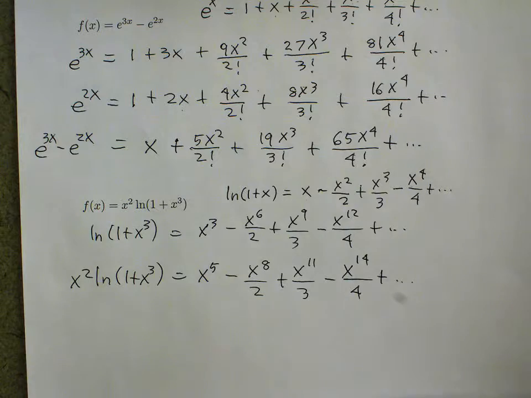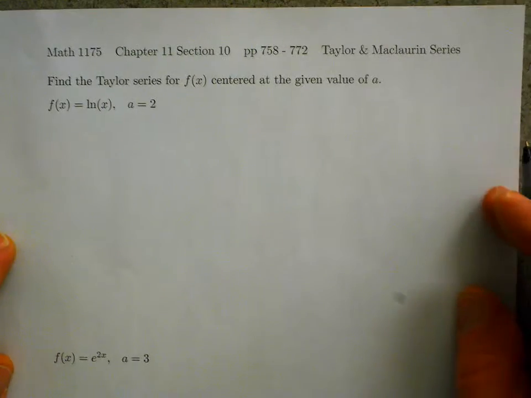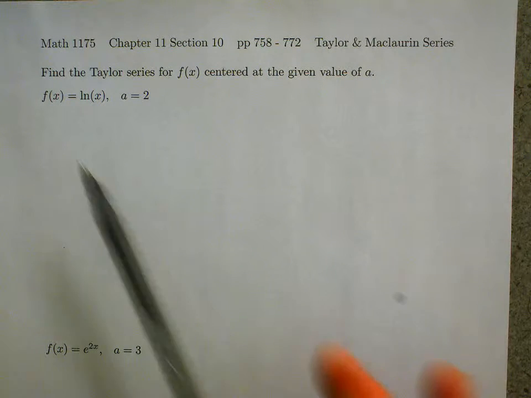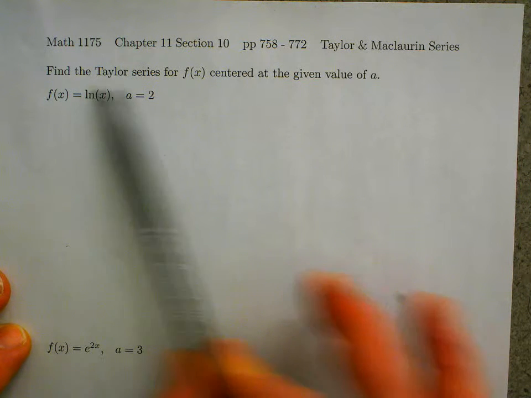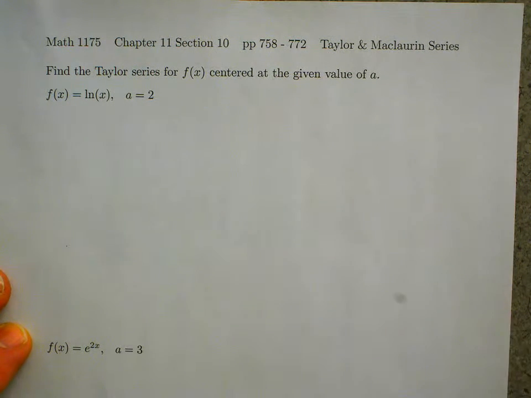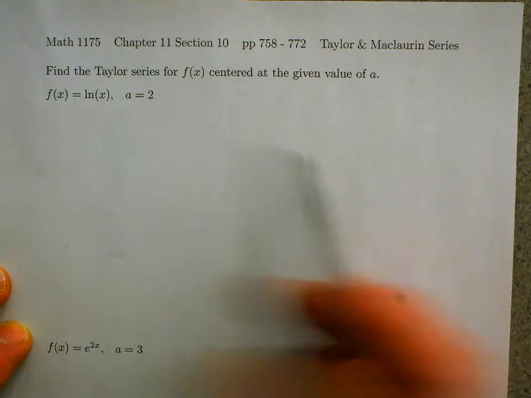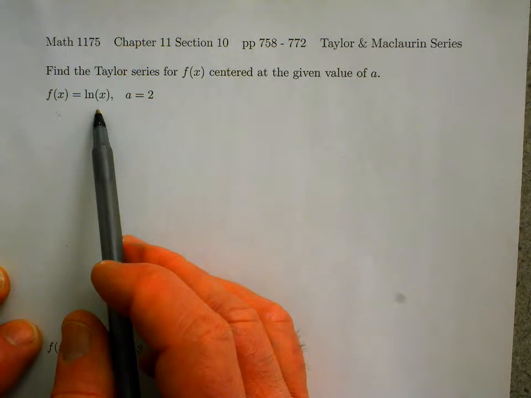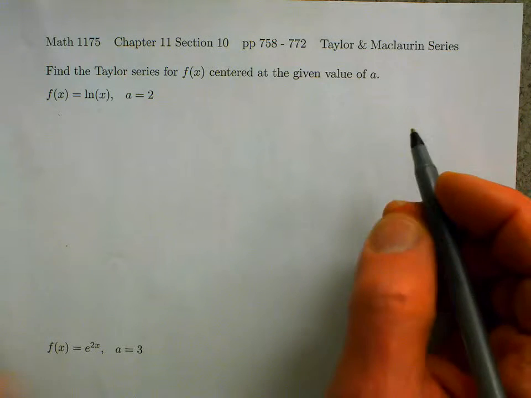Well, there's less than a minute. We've spent a fair amount of time on Maclaurin series, but we should do some Taylor series. So f of x equals the natural log of x, and a is 2.